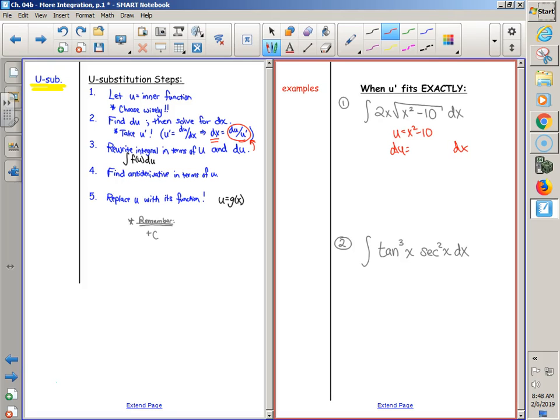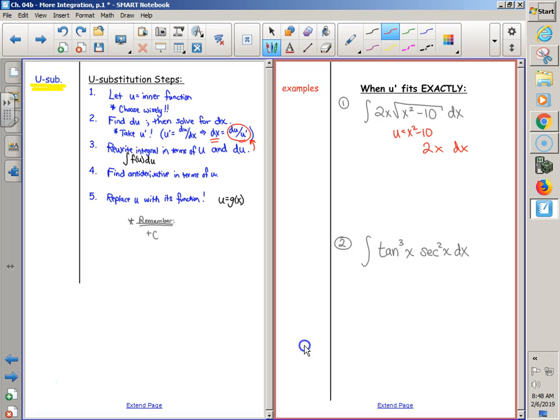And what's the derivative of x squared minus 10? It's just a shortcut. I'm doing u prime. I really am. I'm just shortcutting it and not writing this whole u prime is du/dx, let's multiply the dx on the other side.